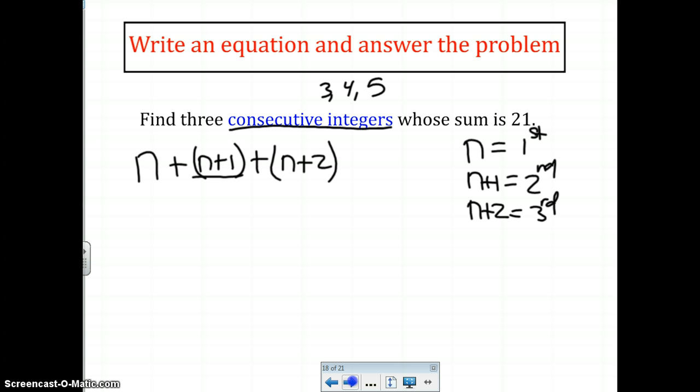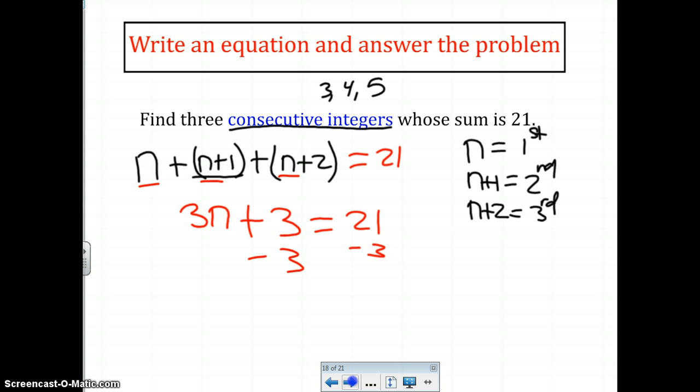That's going to equal 21. Here I can add like terms. N plus n plus n is 3n. 1 plus 2 is 3, so I have 3n plus 3 equals 21. Now at this point it's just solving a multi-step equation. Minus 3, minus 3, we get 3n equals 18.